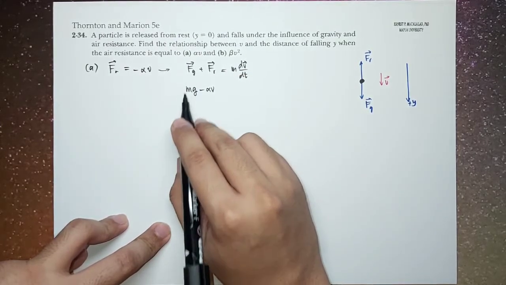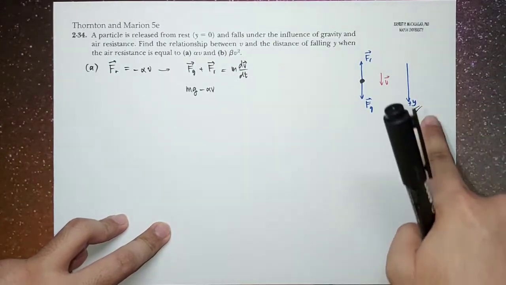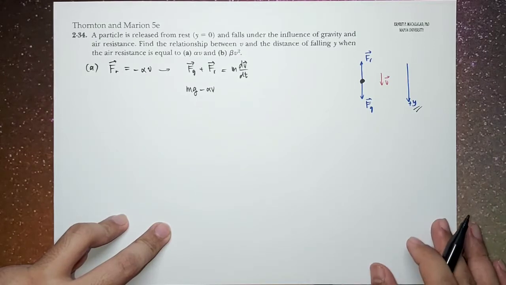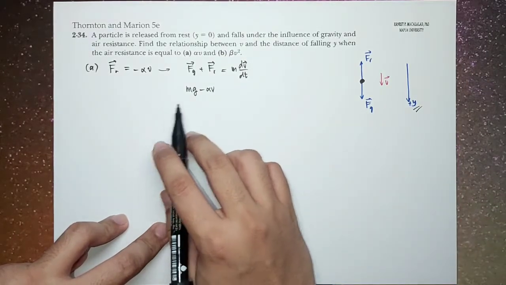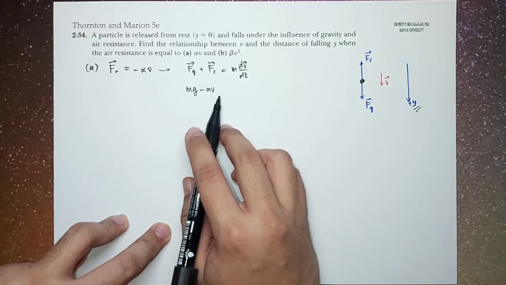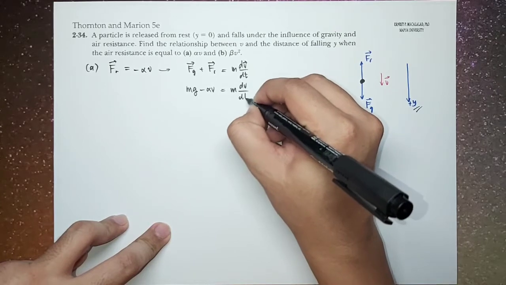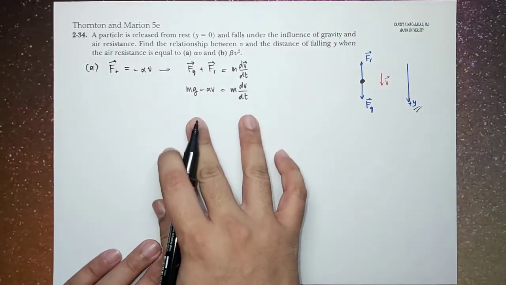So mg here is positive because we set the downward direction to be positive. Things will be a little bit different if you choose upward to be positive. Anyway, this mg minus alpha v is equal to m times the derivative of v with respect to time. So from here we can solve this differential equation.